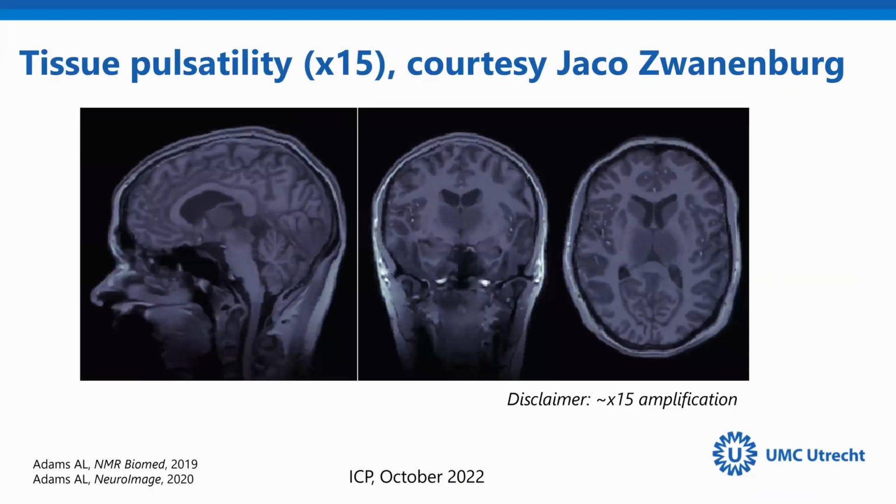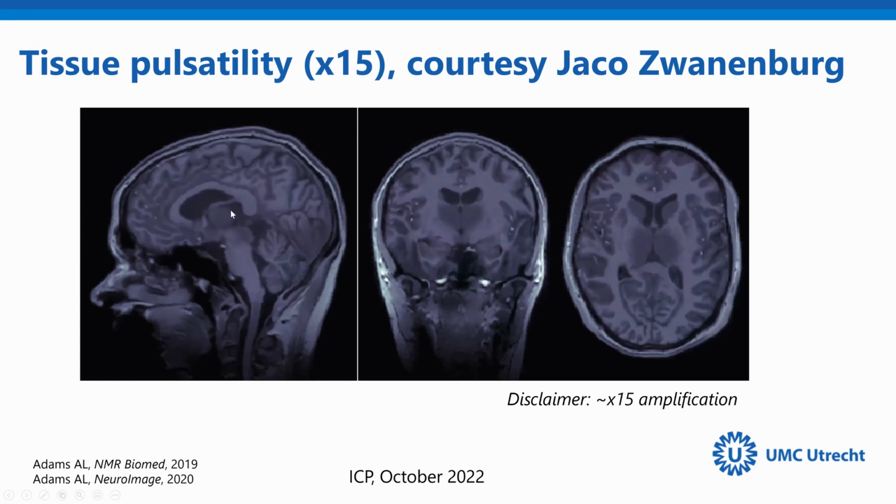Really going to the movement of the brain tissue. This is a study done by the group of Jaco Zwanenburg in Utrecht, who actually used a DENSE sequence to map how the brain tissue is deformed according to the cardiac cycle. Luckily, these are not true deformations. These deformations are enhanced 50 times to better show how the brain tissue is deforming during the cardiac cycle.